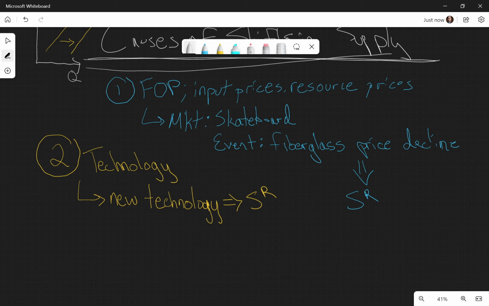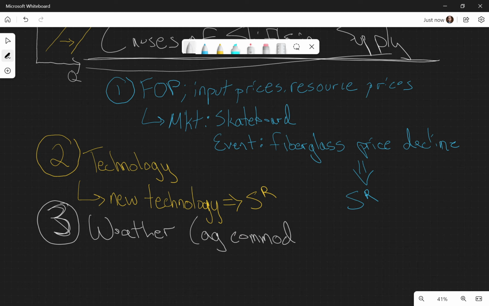Our third cause for a shift in supply is one that we are all familiar with here in the West: weather. So weather specifically for ag commodities, but also outdoor recreation and entertainment.